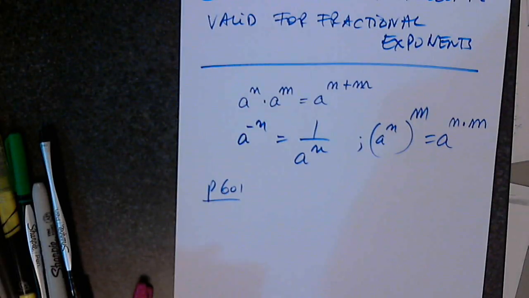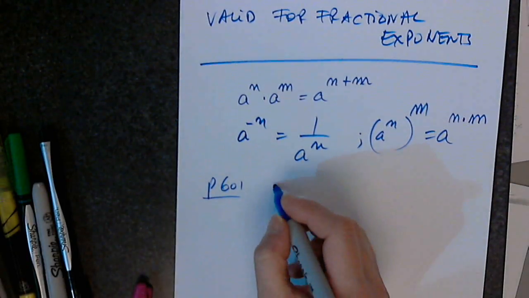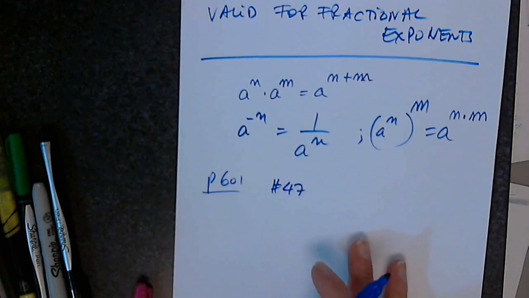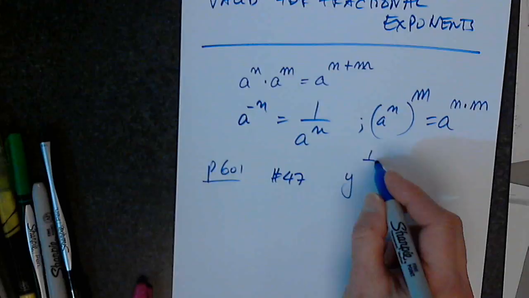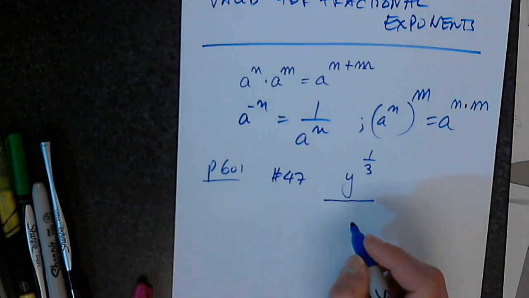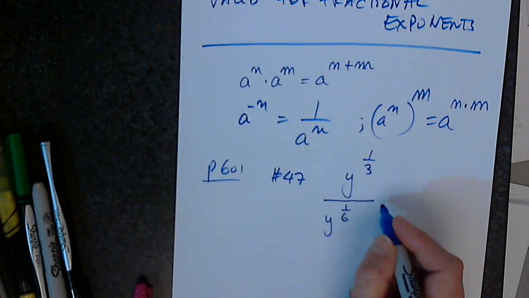On page 601, we're asked to simplify some radicals. So let's see how we can do that. Let's start with problem 47. In problem 47, we have y to 1/3 divided by y to 1/6.